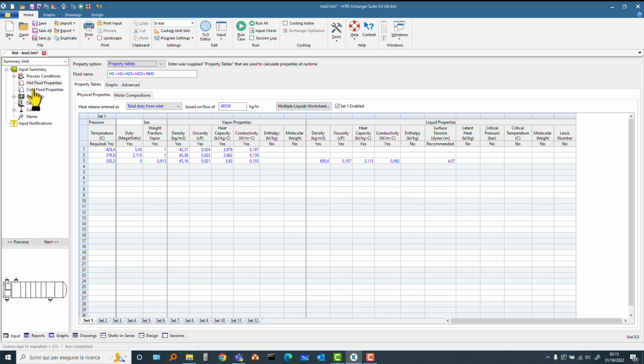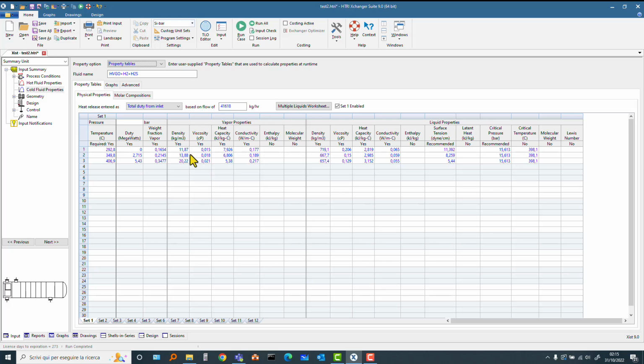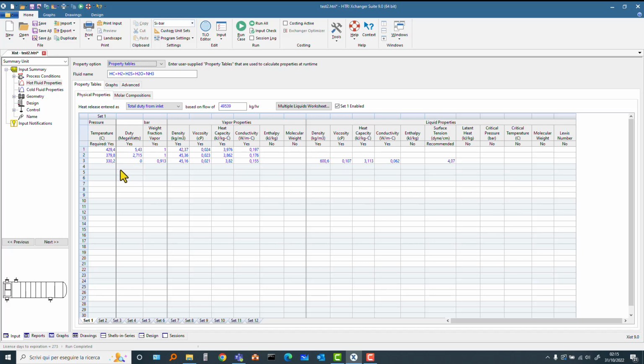So this is very true for the hot fluid. It is also true for the cold fluid. So we have an increasing enthalpy, while for the hot fluid we have a decreasing enthalpy. So this will give its heat to the other fluid, and so we have this situation.